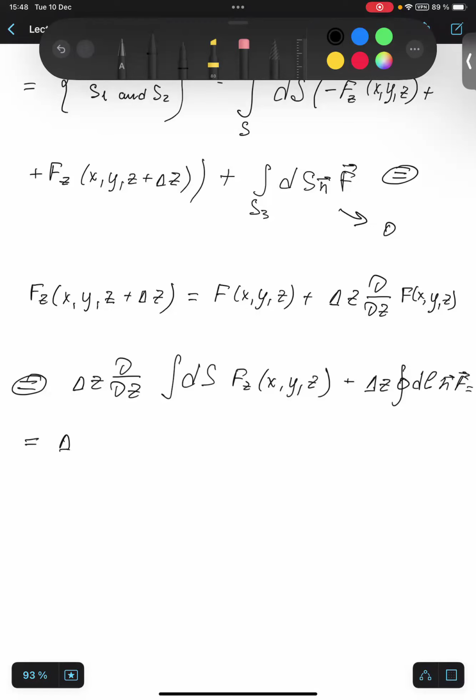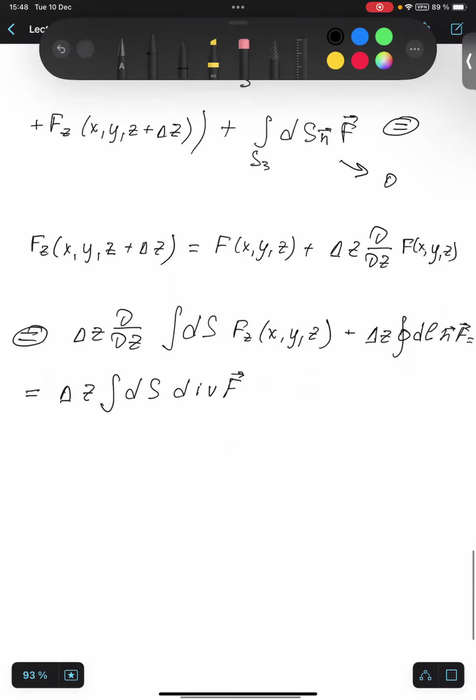And it can be written as delta z integral over s of divergence. So it is possible only if our f doesn't have singularities inside the waveguide.